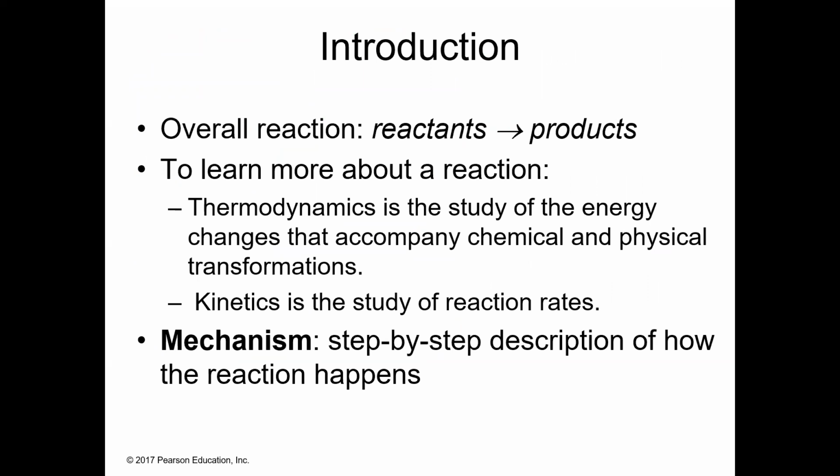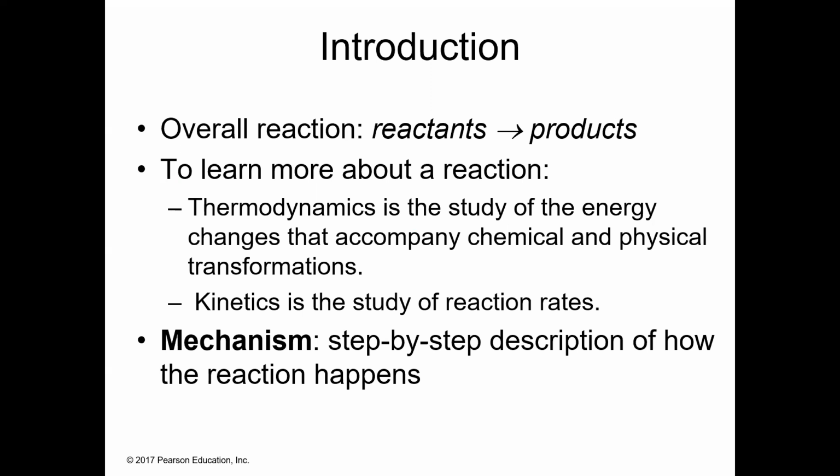Okay, an overall reaction involves going from reactants to products. We'll review thermodynamics, which is the study of the energy changes that accompany chemical and physical transformations. We'll review a little bit about kinetics.